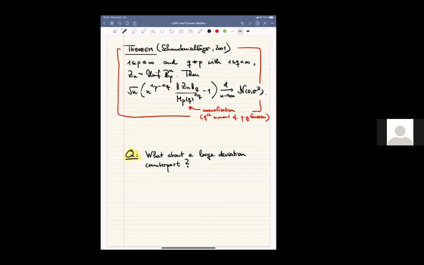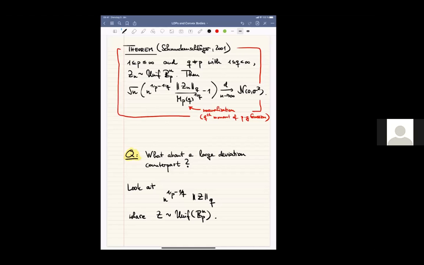So let's start. We look at the following quantity: n to the 1 over p minus 1 over q times the q norm of z, where z is uniformly distributed on the l_p^n ball.